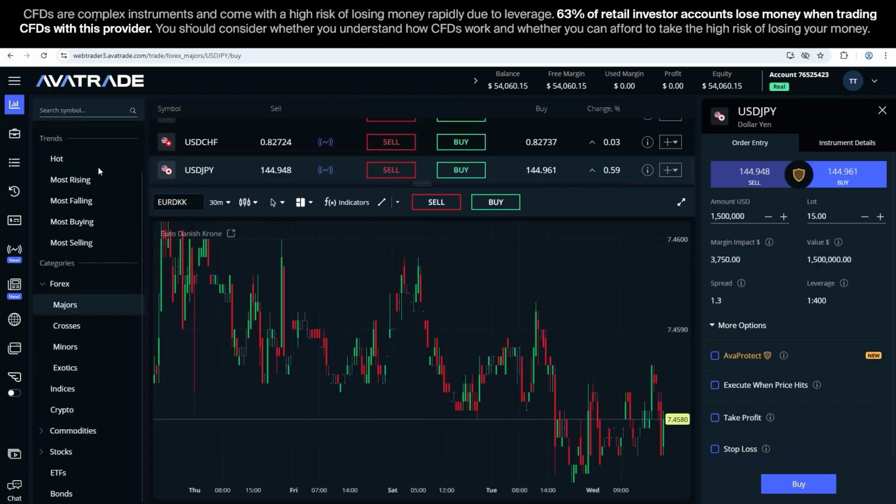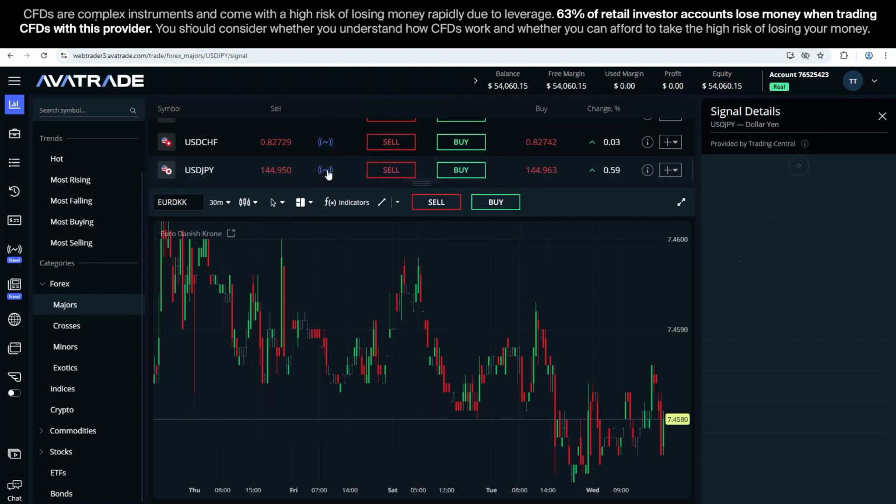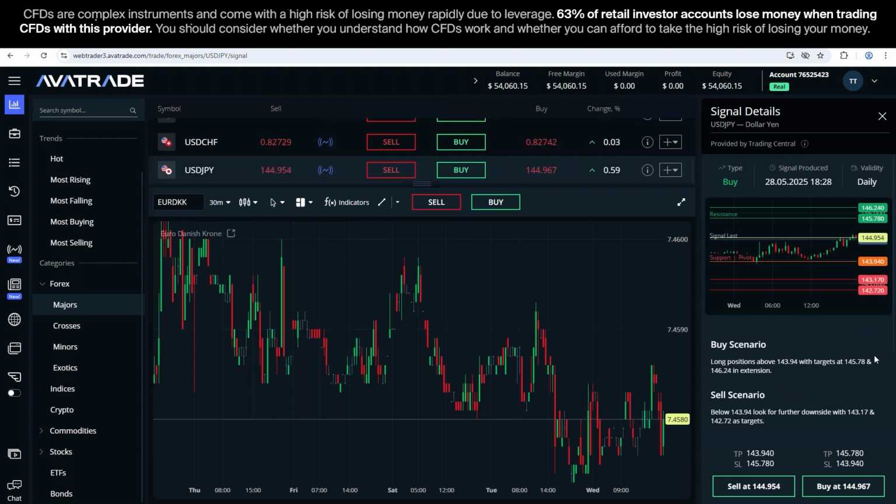So let's go ahead and pull up the USD JPY, and let's see if, first of all, we look at the signal, the anticipation here is USD will be strengthening a bit more up to the 145.78 on up to 146 plus range.